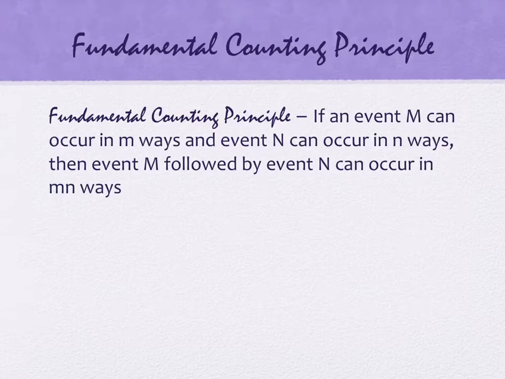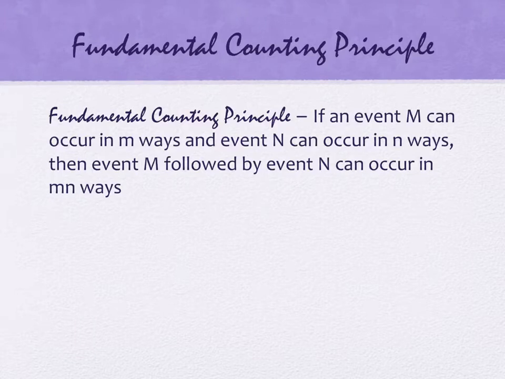It says, if an event capital M can occur in little m ways, an event capital N can occur in little n ways, then event M followed by event N can occur in m times n ways. All that it's saying is that when you count the different objects involved, you multiply their counts together.